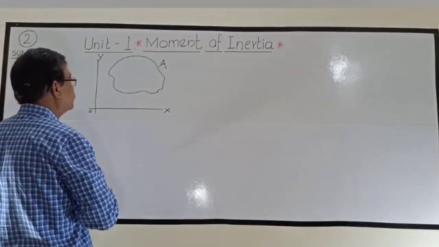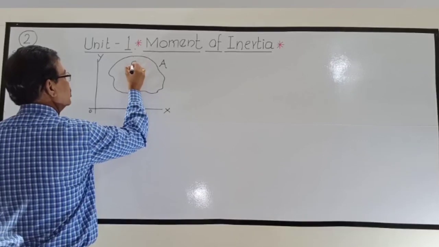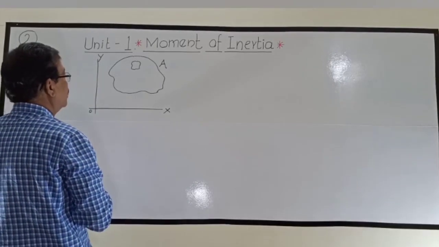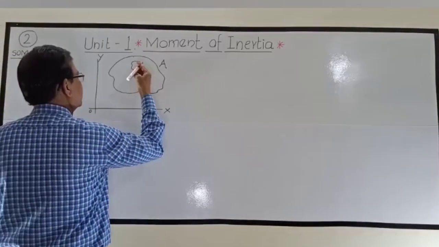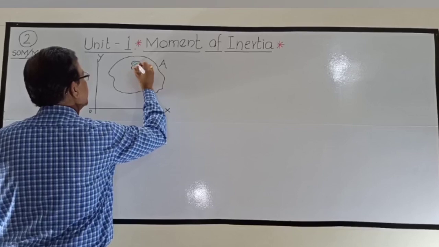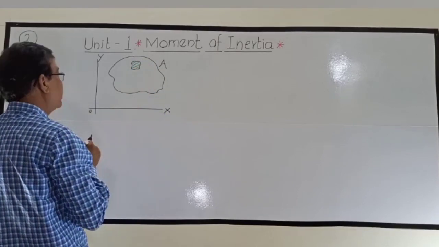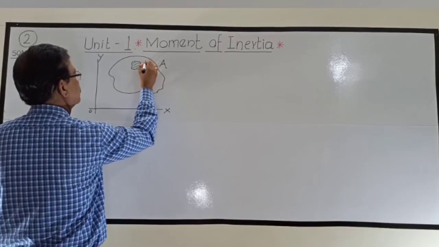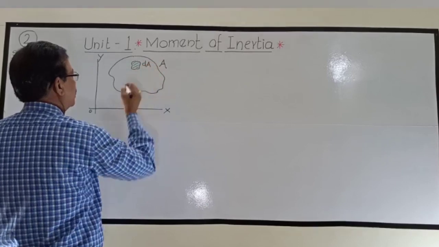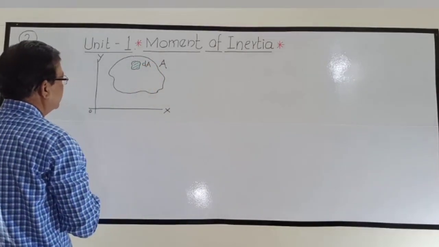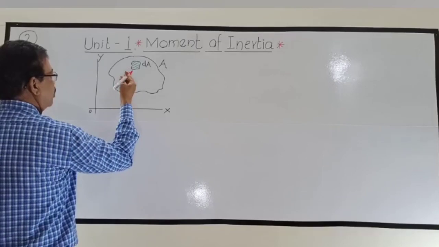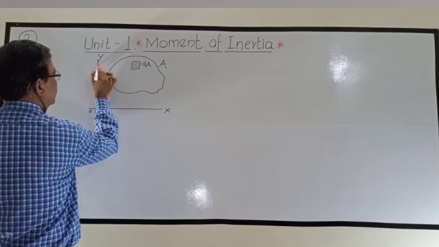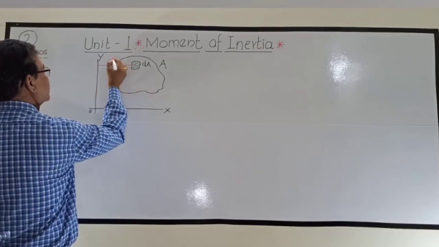Let us say this is a very small elemental area dA in this lamina or body, such that the distance of its centroid from the reference y-axis is x.